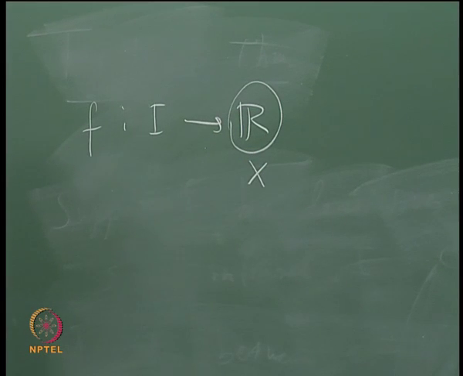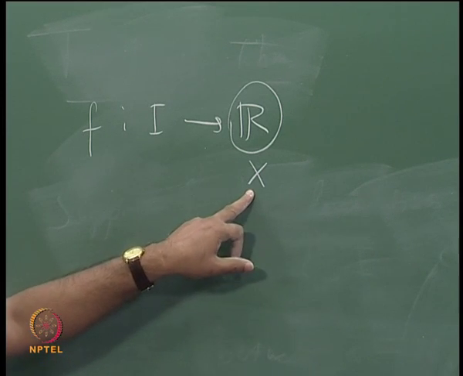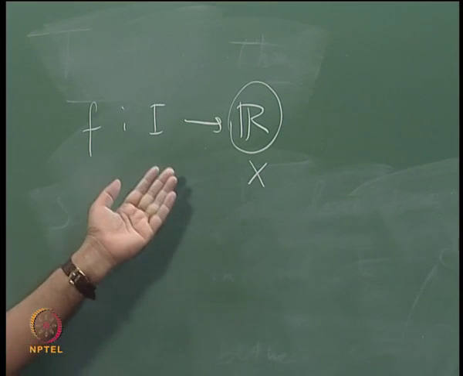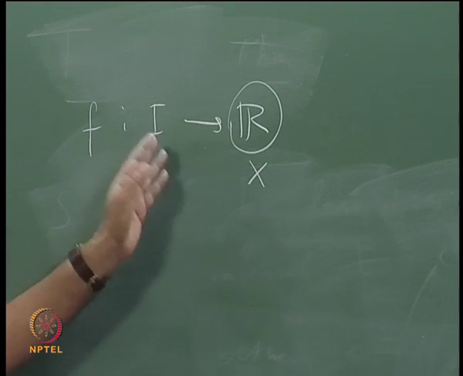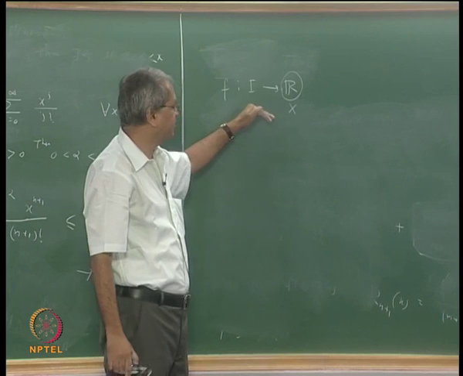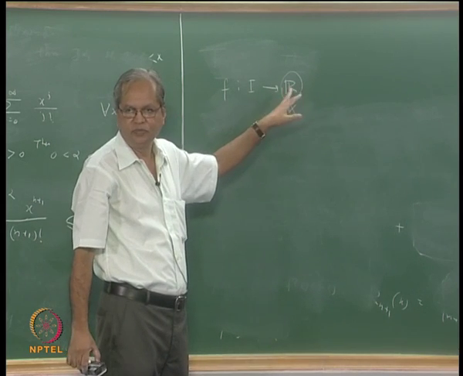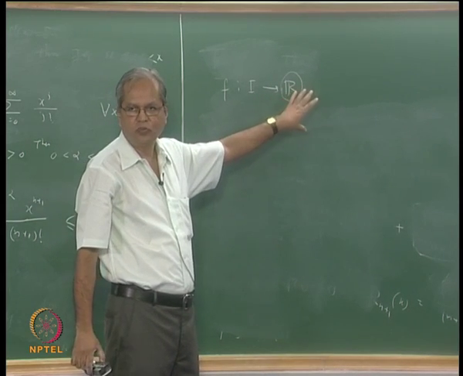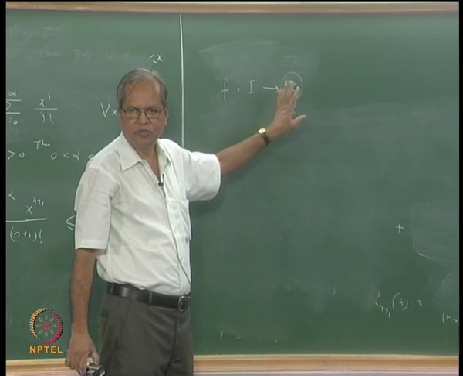What kind of structure can we think of? Of course, instead of real valued functions I can think of complex valued functions, or functions which take values in R2, R3, or even the set of all matrices.